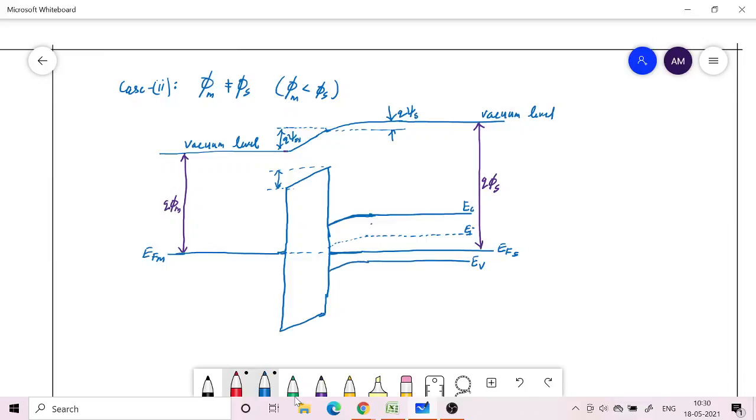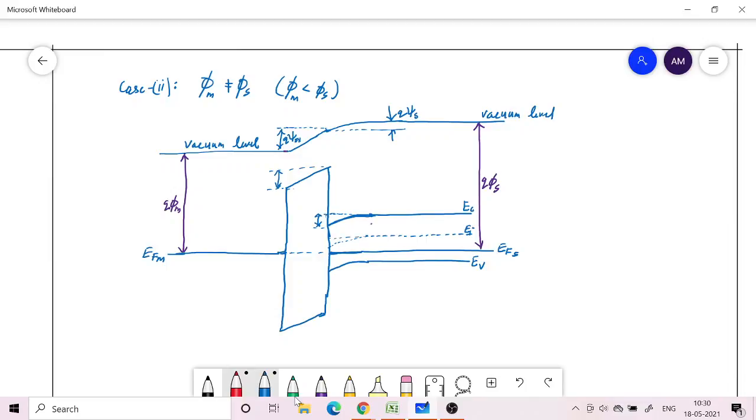Everything is going to bend. How much is it going to bend? This difference is going to be Q psi s. All the bands are going to bend when it reaches the oxide.